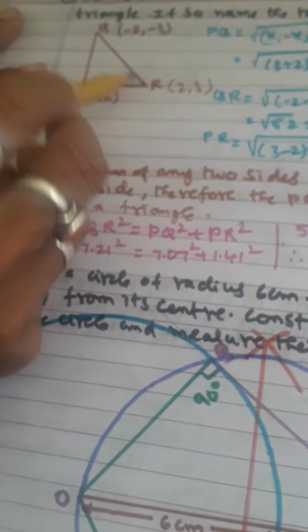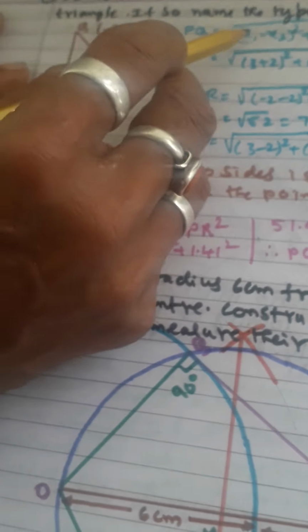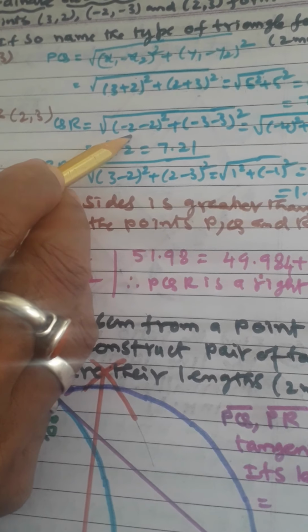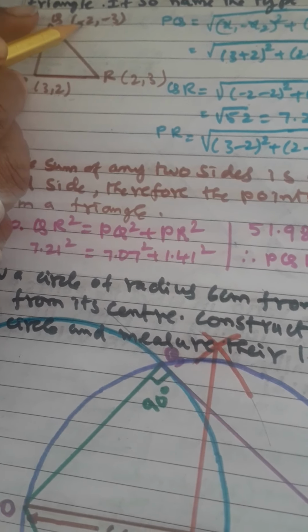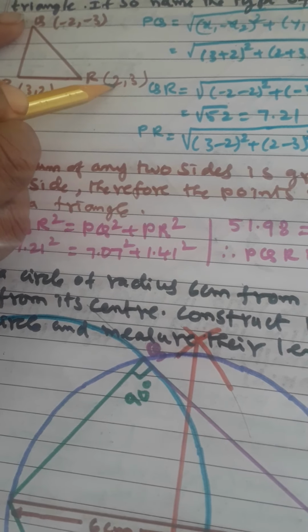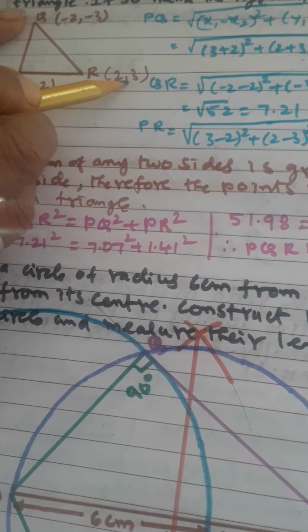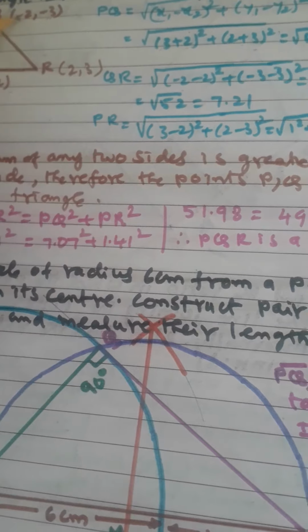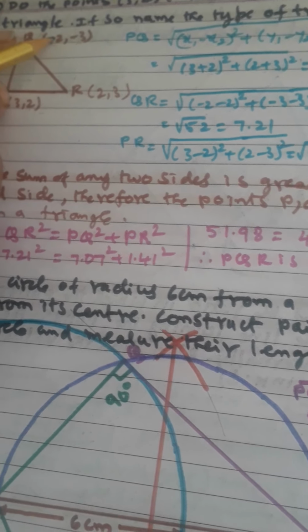Now find the distance between QR. How do you find it? We already know the same kind of formula, x1 minus x2 and so on. I am considering these as x1, x2, y1 and y2. Now using the same formula, -2 I wrote first because this is the starting one.